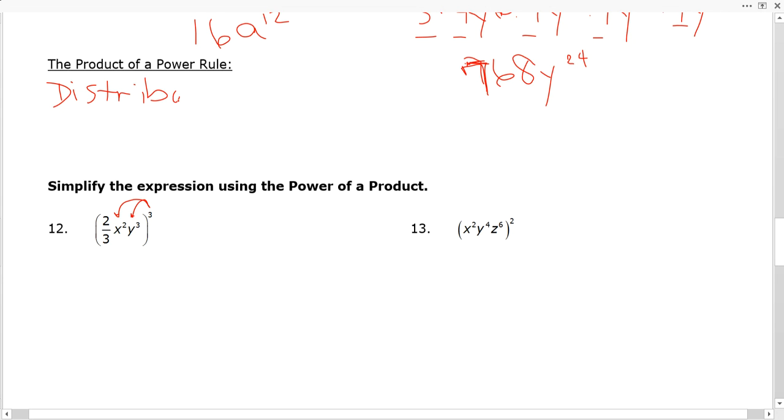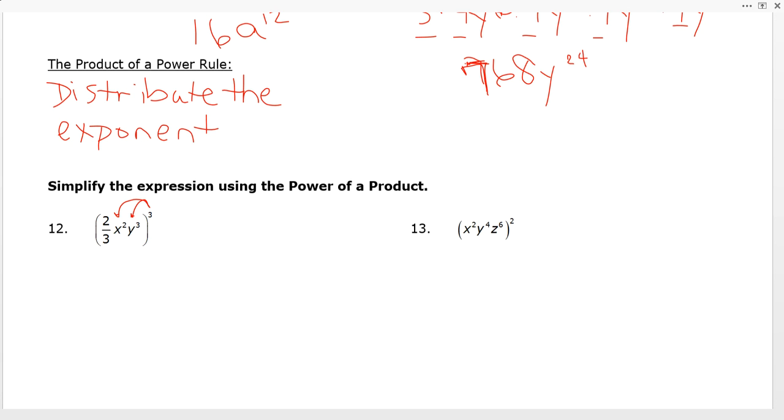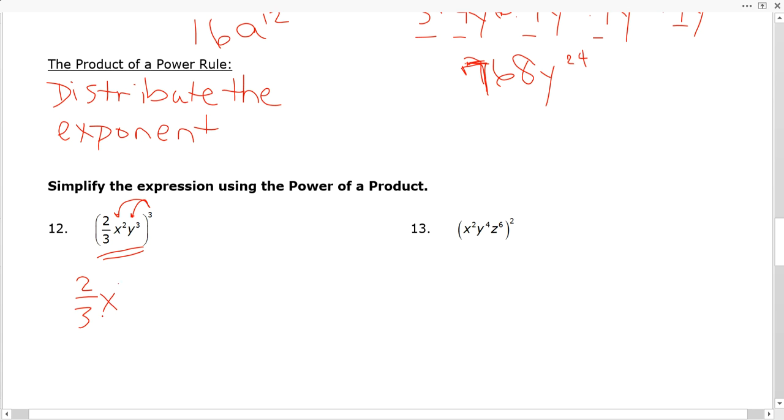So you distribute the exponent to everything inside, which is kind of what we were just doing, but this is a little bit more of a shortcut when I finally get down to it. But basically, here's my base. I'm going to write it how many times?